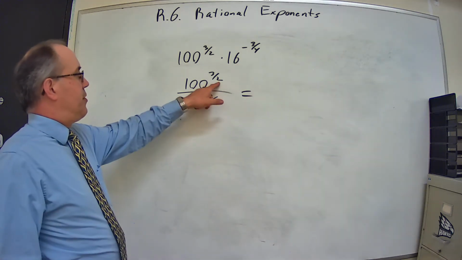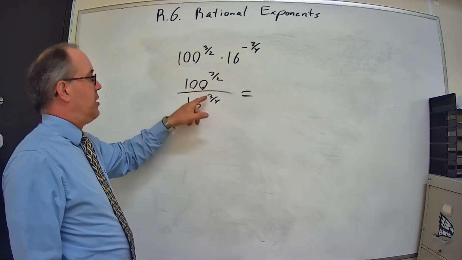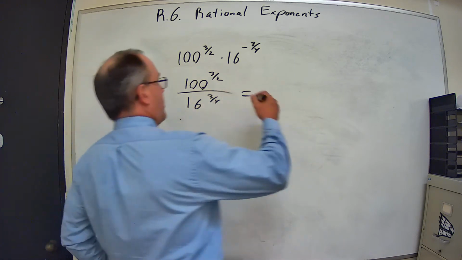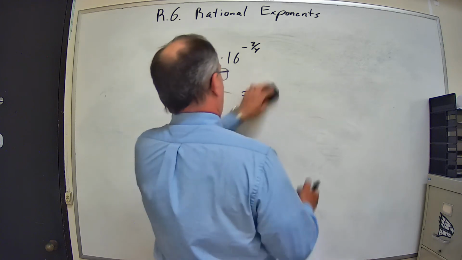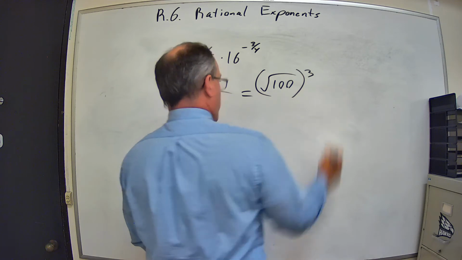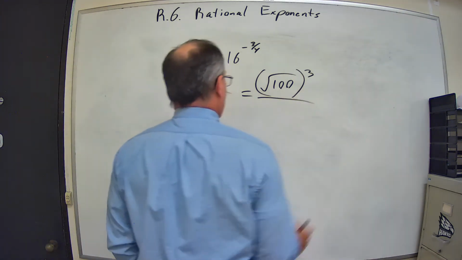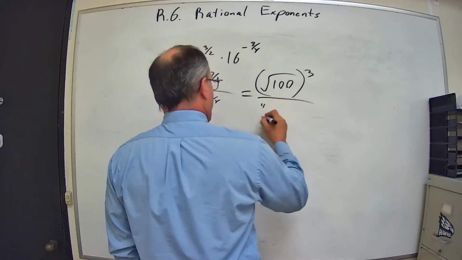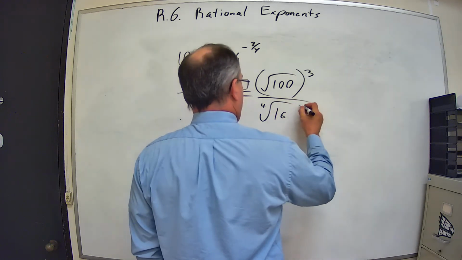But now we look at this and go, well, wait. That's square root, that's cubing, that's 4th root, that's cubing. Well, square root's easy to deal with, but I'm just going to write these as, so the square root, I don't need the 2 in that. Square root of 100 raised to the 3. And then we got 16 to the 3/4. So the fourth root of 16 raised to the 3.